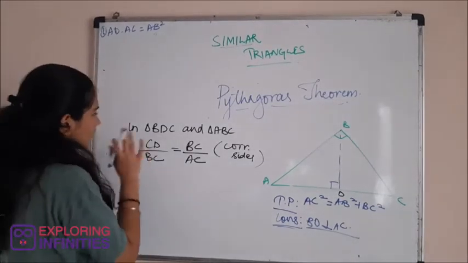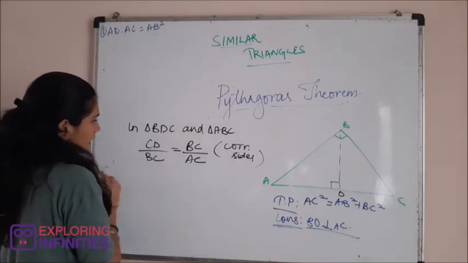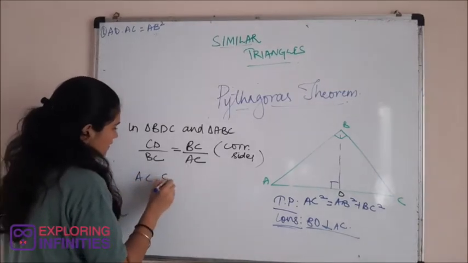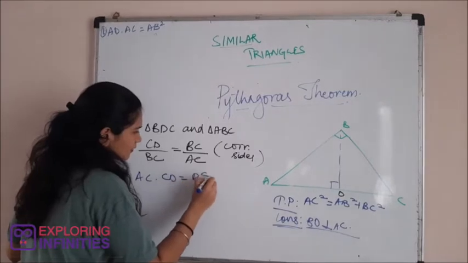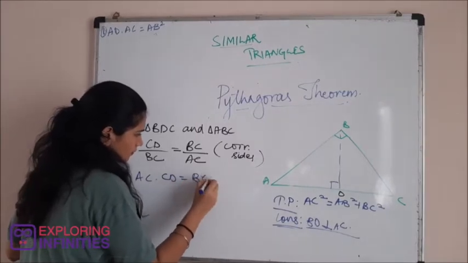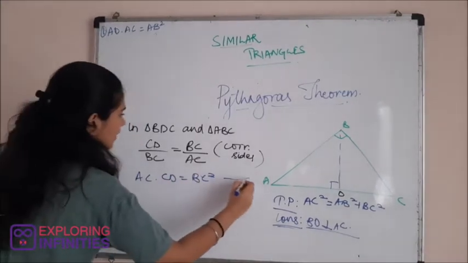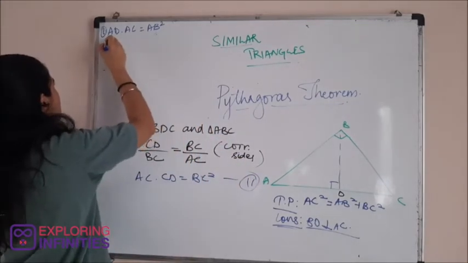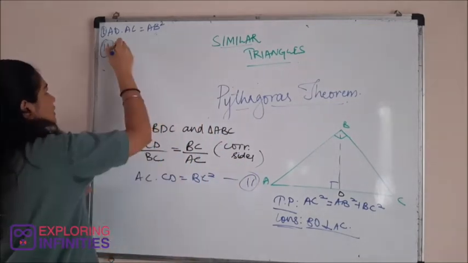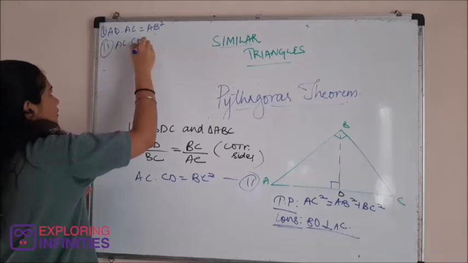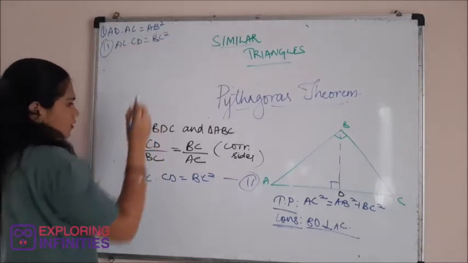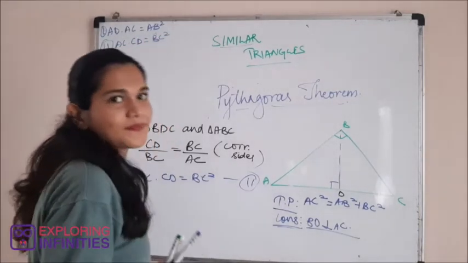Now again, when we cross multiply, we get AC into CD is BC square. So we'll mark this as 2 and write it here. AC into CD equals BC square. Now comes the magic.